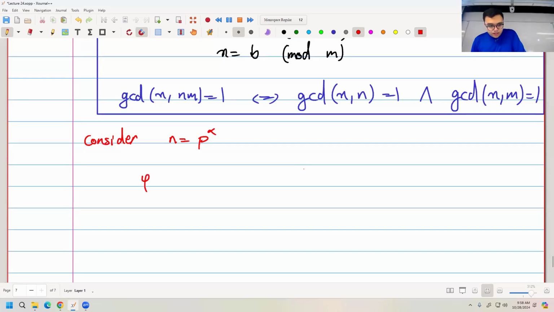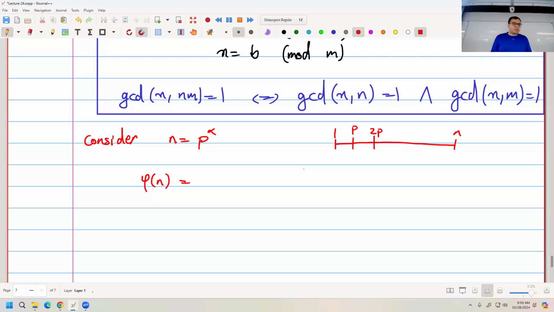What is phi of N? So if I take any other number, its GCD with N is either going to be 1 or it's going to be some power of P. So if I look at all the numbers from 1 to N, if there is any number here, let's say P, 2P, so on, that has P in it, its GCD with N is not going to be 1.